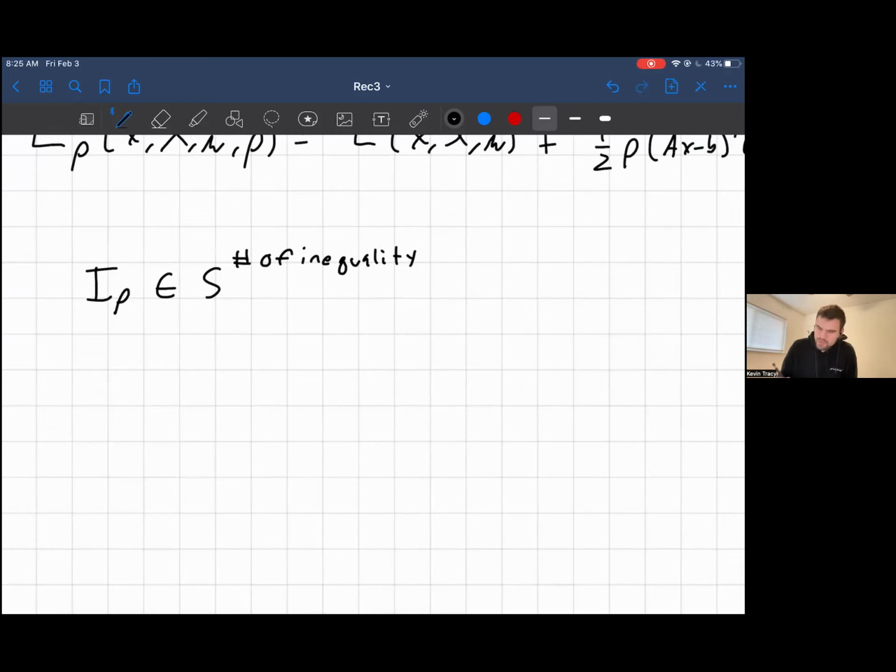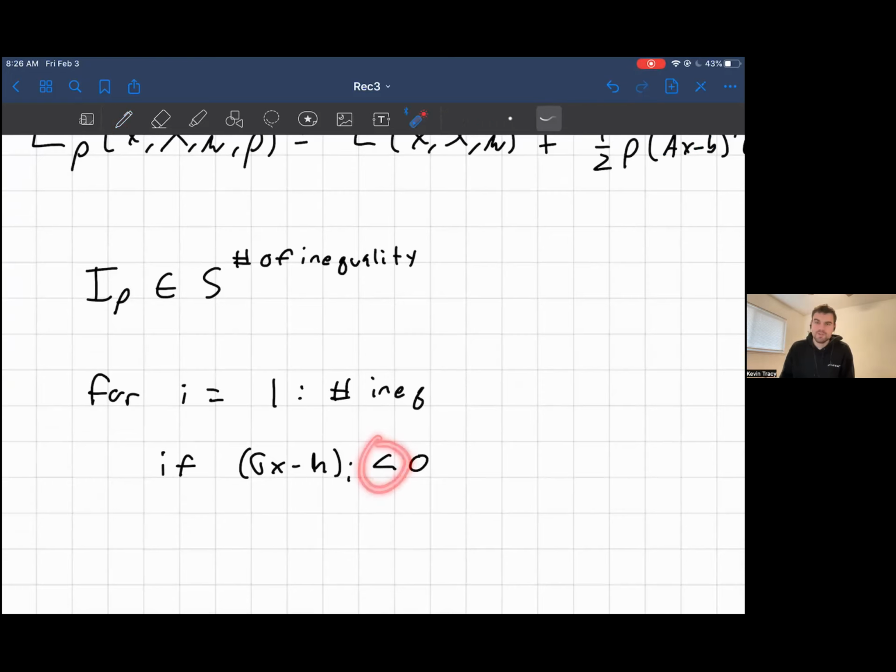So we'll loop through, where i equals 1, 2, up to the number of inequality constraints. And then I'm going to do the following. I'm going to say if the ith component of g(x) - h is less than 0, so this is important.